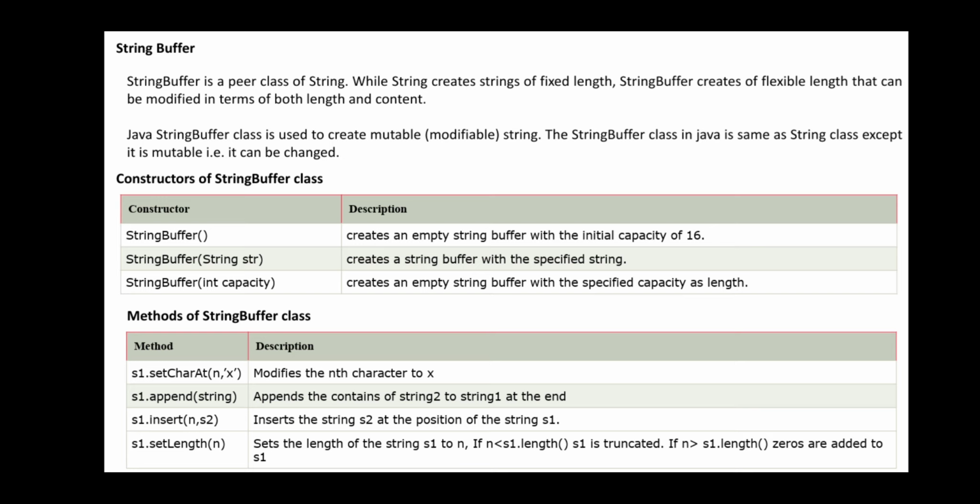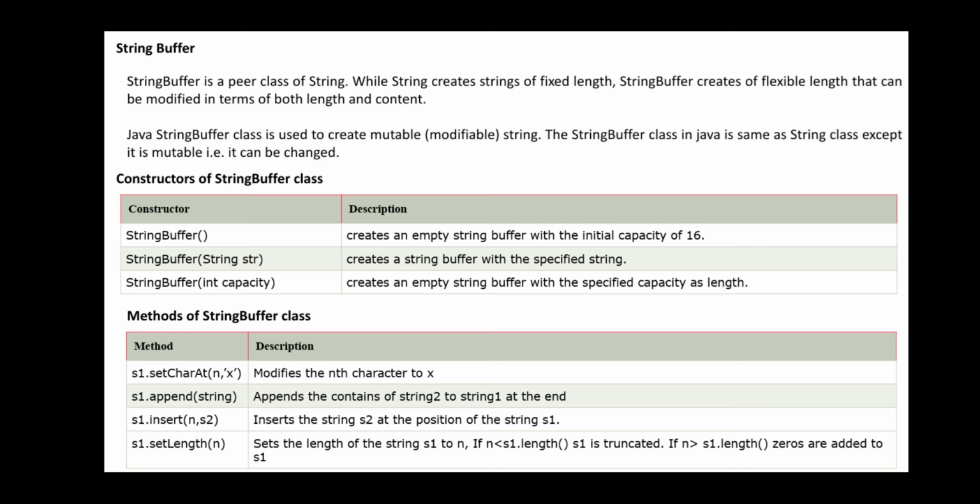Then if n is greater than s1.length, zeros will be added to s1. For example, if you give 20 as n length, and 20 is greater than 10, then after the 10th character, that is E, zeros will be added.